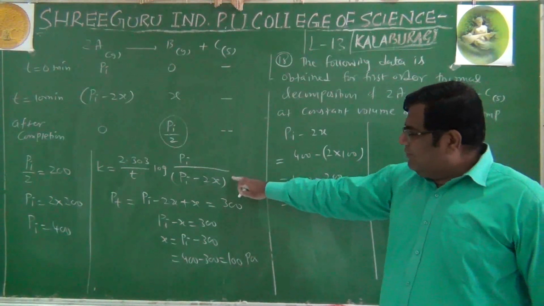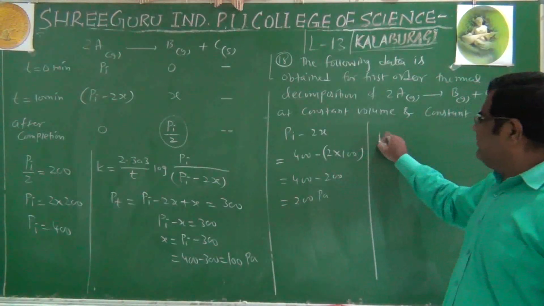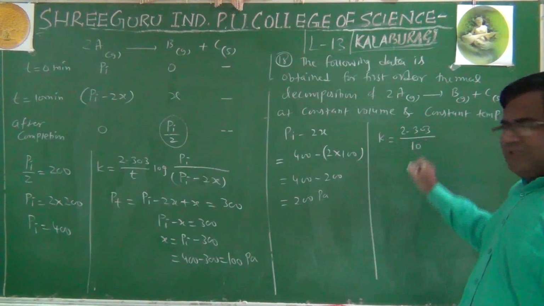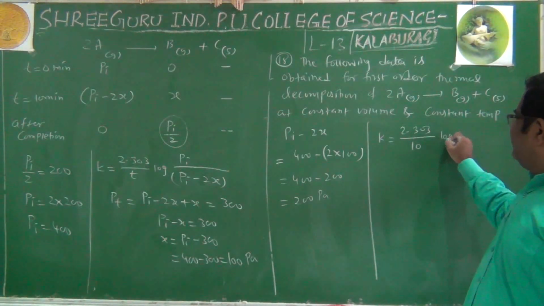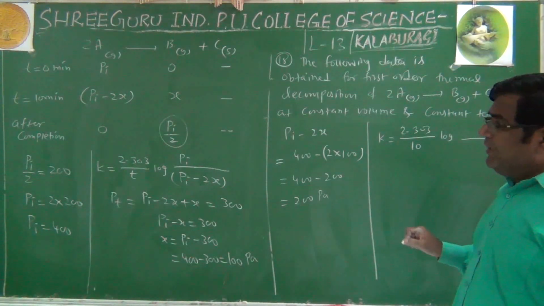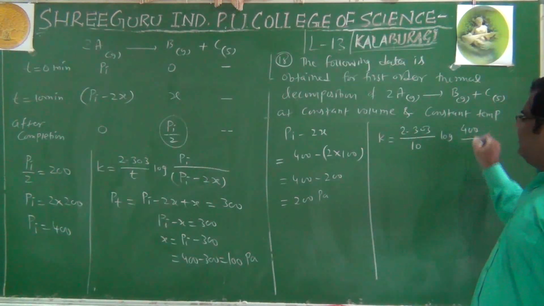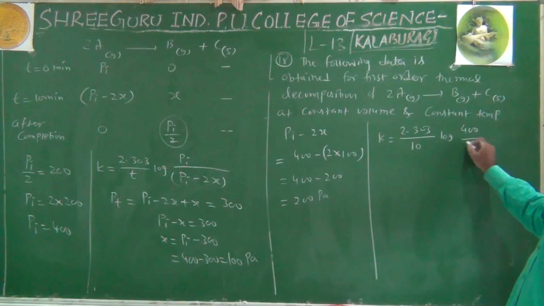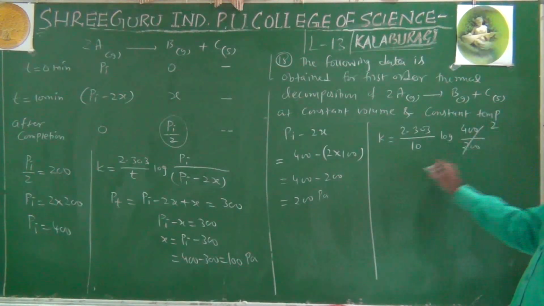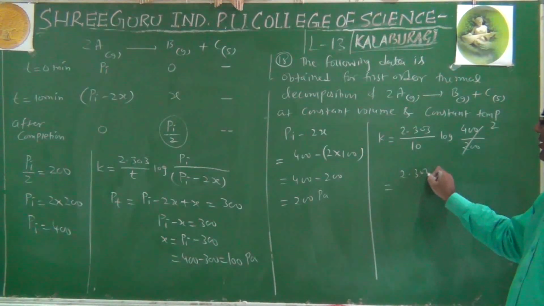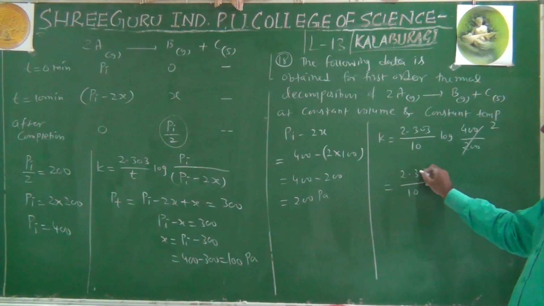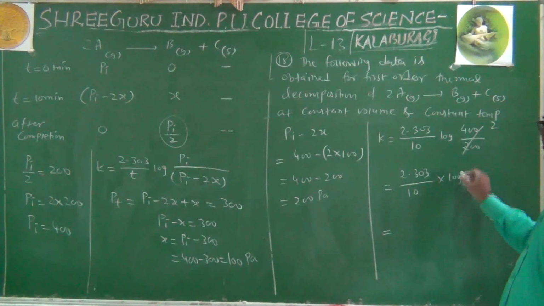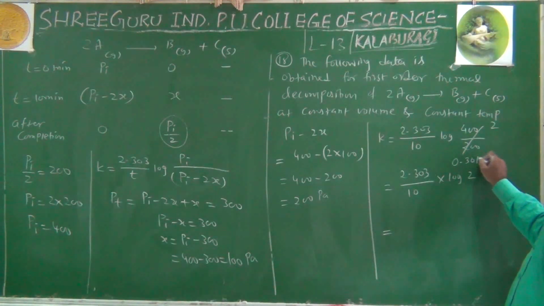So now we can use this equation. K equals 2.303, time is 10 minutes, log of initial pressure PI, which is 400, over pressure after time t, PI minus 2x, which is equal to 200. This is log 2, so it is 2.303 by 10 into log 2. Log 2 is 0.3010.